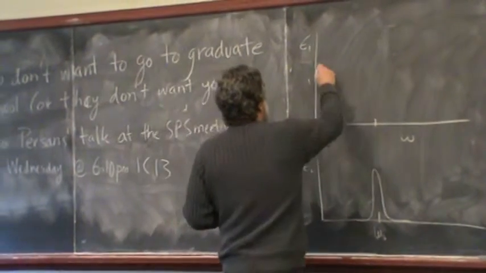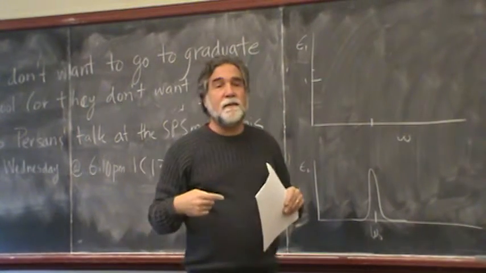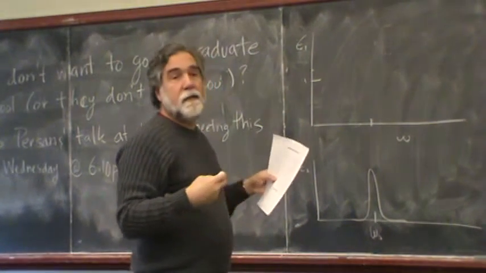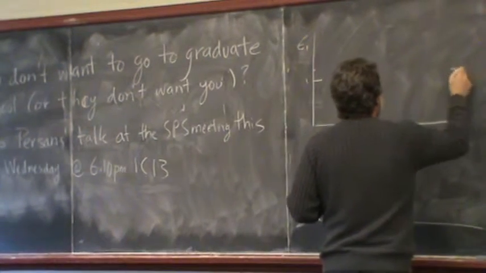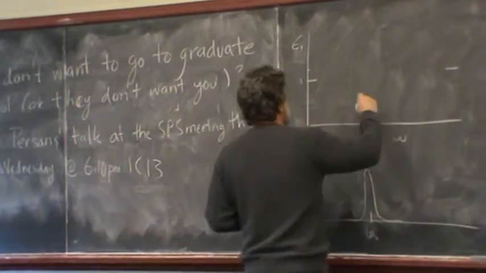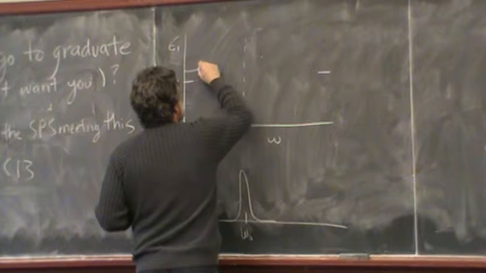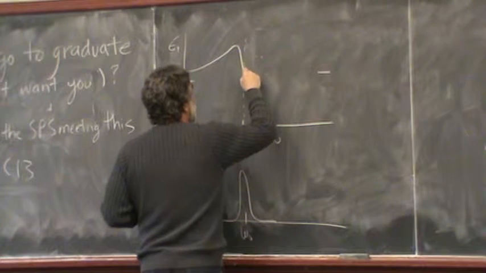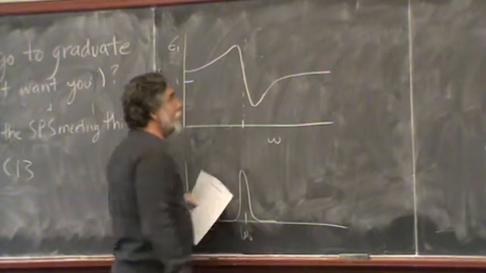We find that the real part is greater than 1 at very low frequency. It's really easy for the material to respond, right? At extremely high frequency, it's 1, right? And then in between, it does that.